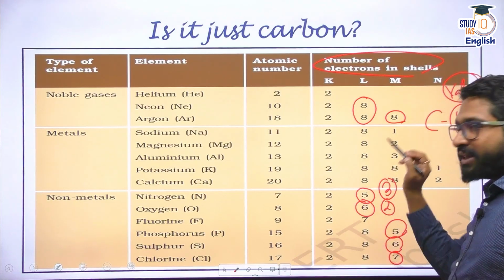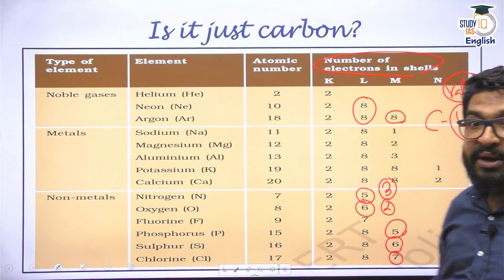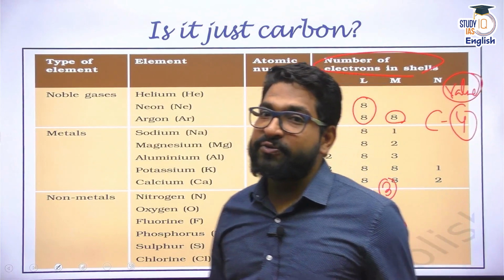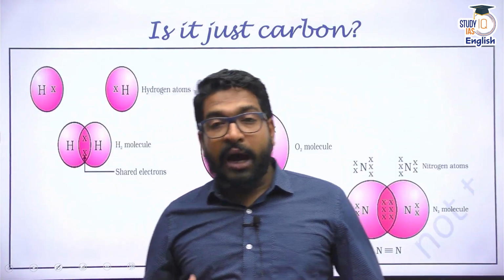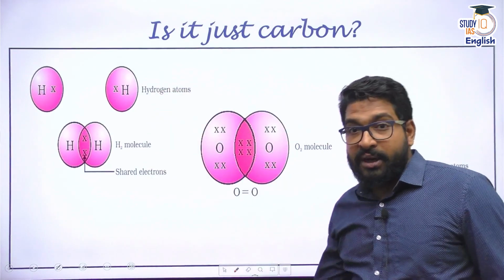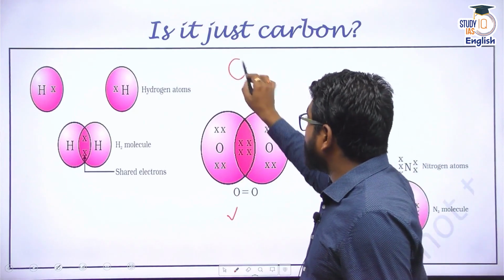So nitrogen can share 3 electrons and oxygen can share 2 electrons with carbon to form respective compounds. In fact, please remember, it's not just carbon that forms these covalent bonds. Other elements like hydrogen also share electrons. Elements like oxygen too.